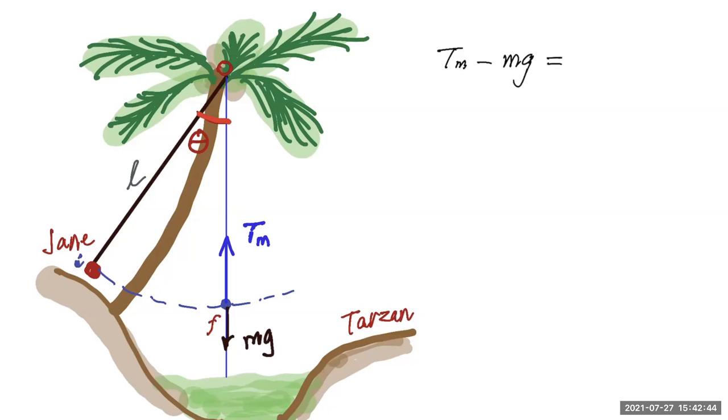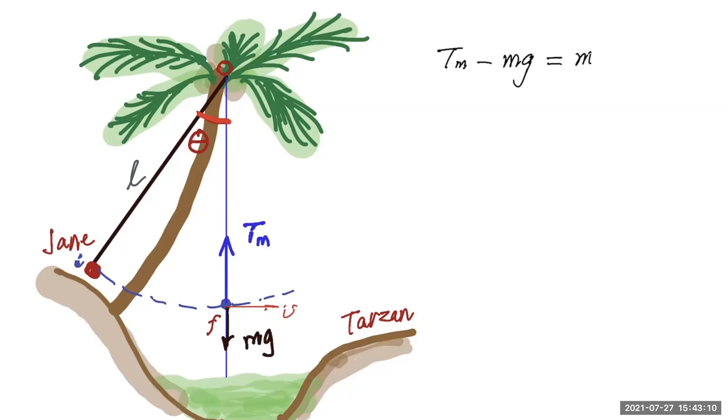Mass times acceleration, right? Now, mass is m. The acceleration, she's doing circular motion, and the acceleration for circular motion is the centripetal acceleration, v squared over r. R is the radius of the swing, which is L, and the speed, we call it v final at this point. So here is, let me draw a v final vector here.